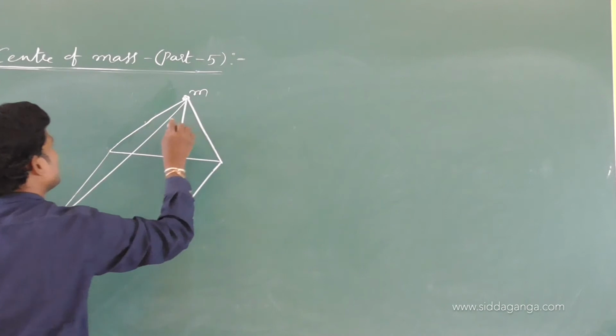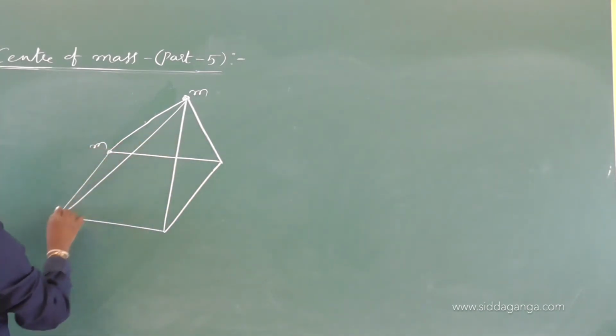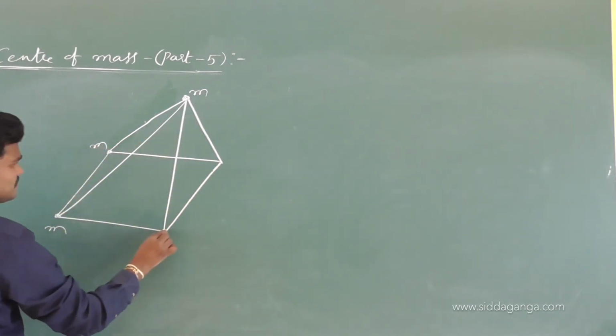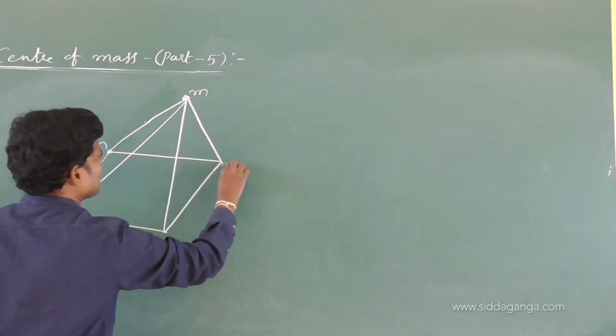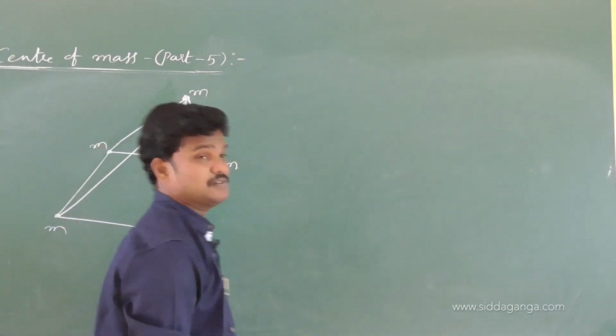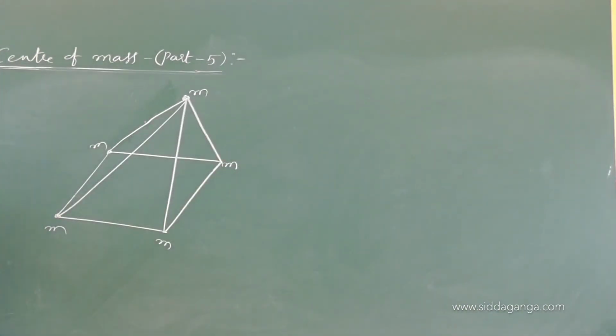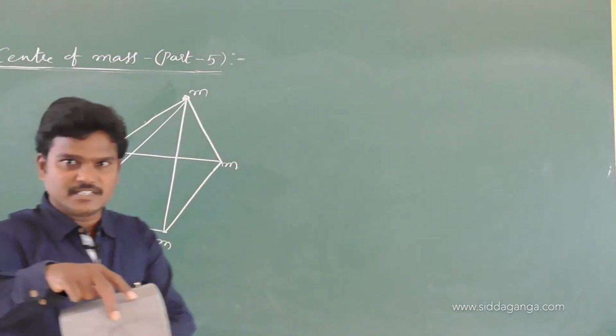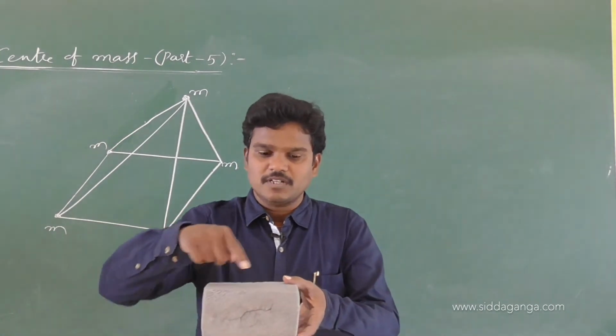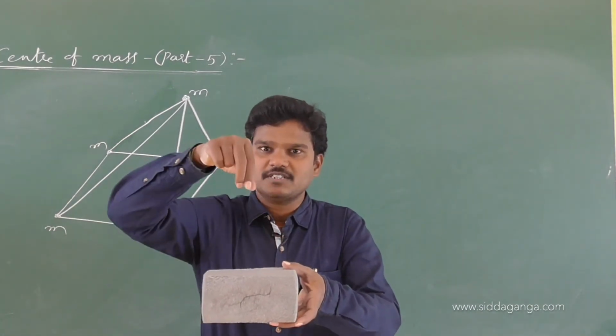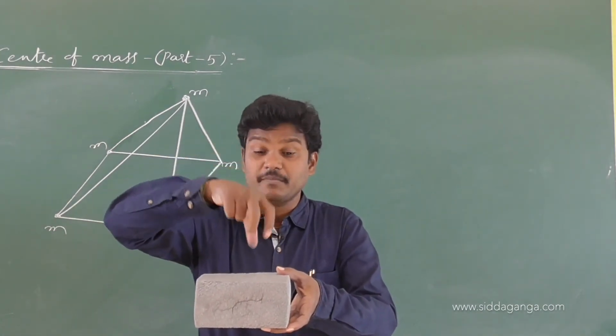They placed one mass here and all are identical masses. Feel it as exactly a square: here one mass, here one mass, here one mass, here one mass. One more mass is placed here, like a pyramidal shape.